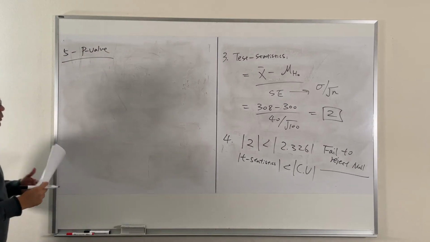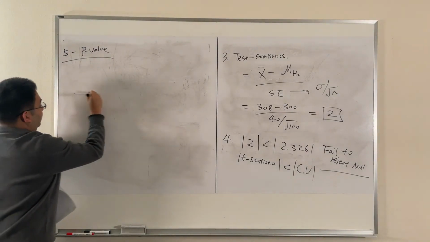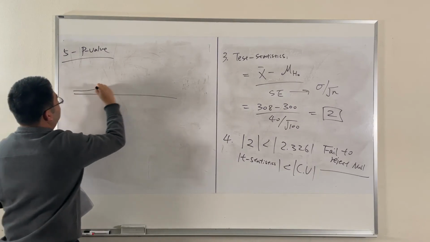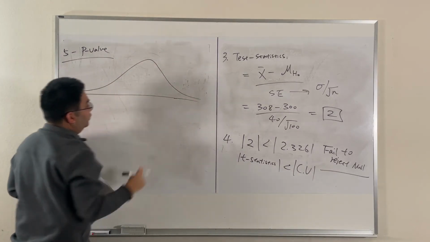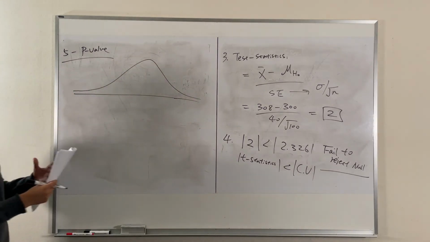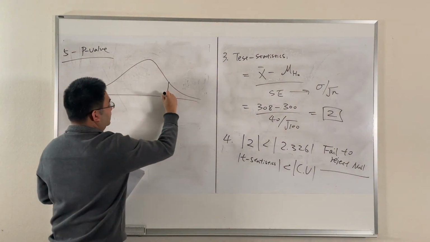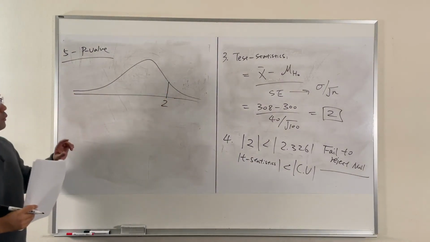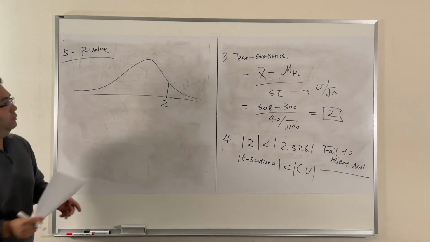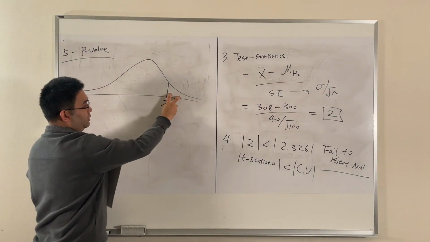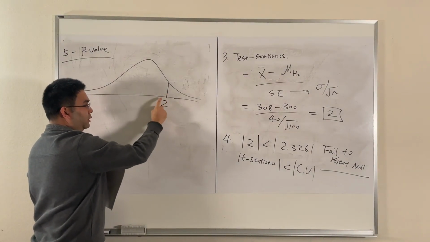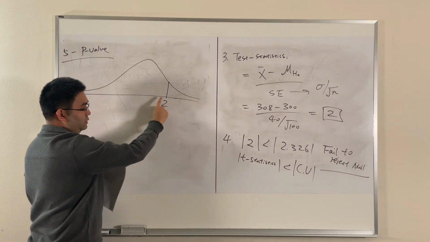Okay, so the way we get our p-value is we have our test statistics, right? So we have our test statistic to be 2. So when we find the critical value, we know the area here is 1%, and we find the critical value here using our Z table.